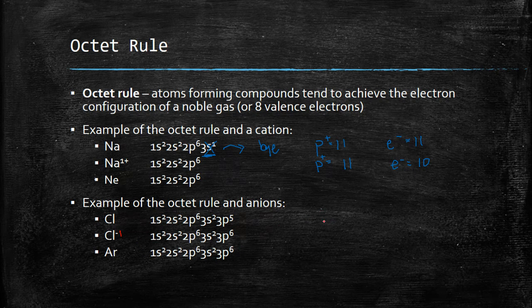Same way over here. Chlorine as a regular atom has 17 protons and 17 electrons. That's as a neutral atom. As an ion, it has 17 protons, but remember it gained 1. It has 1 more electron than protons, so it becomes a -1.